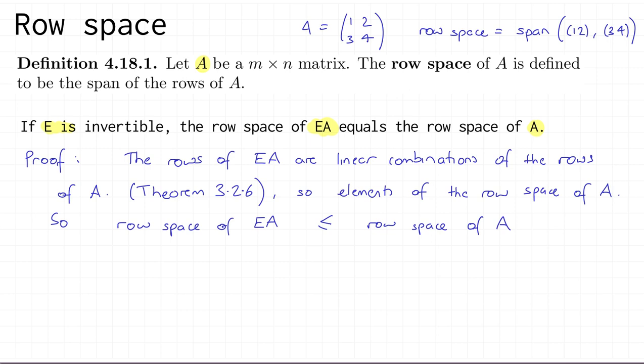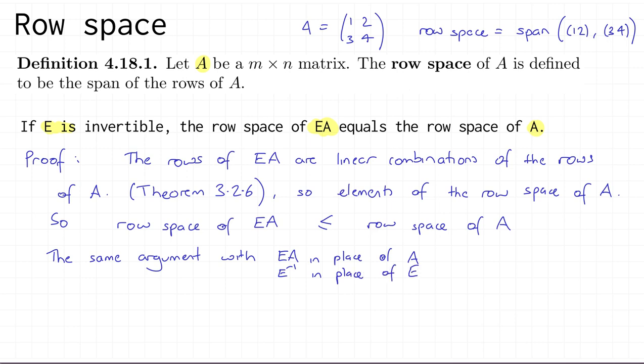Just doing exactly the same thing with E to the minus 1 in place of E, and with EA in place of A. What would that give us?